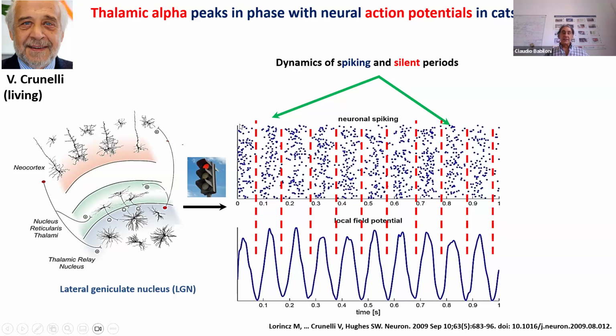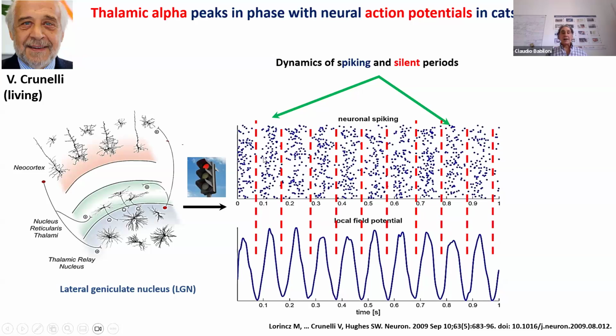He could demonstrate that a part of thalamic neurons, which he called high threshold thalamocortical neurons, show a synchronized rhythmic activity. In short periods, you can see trains of action potentials. After a while, a silent period without action potentials, and then again a short period of high trains of action potentials and so on.